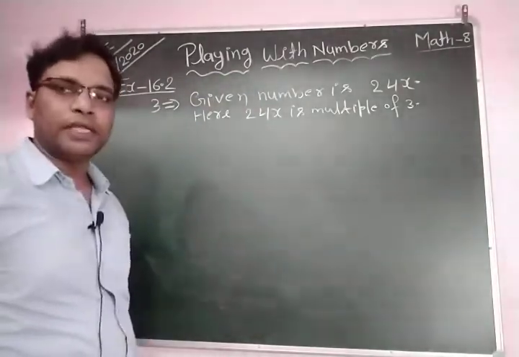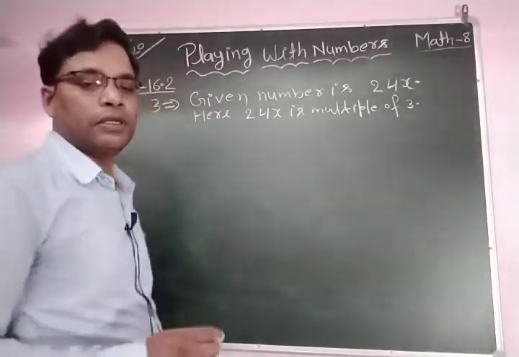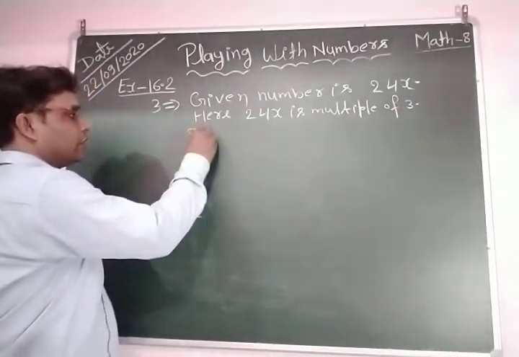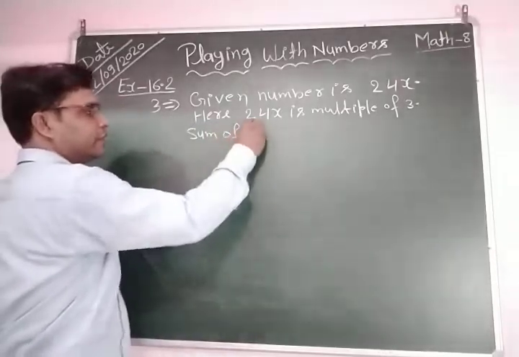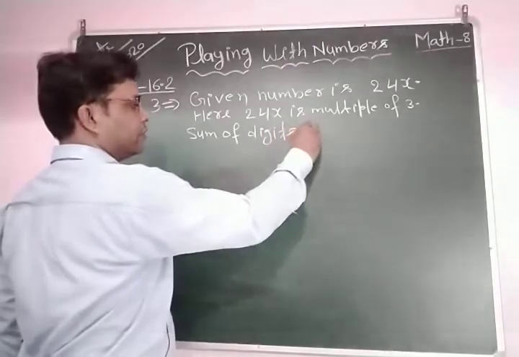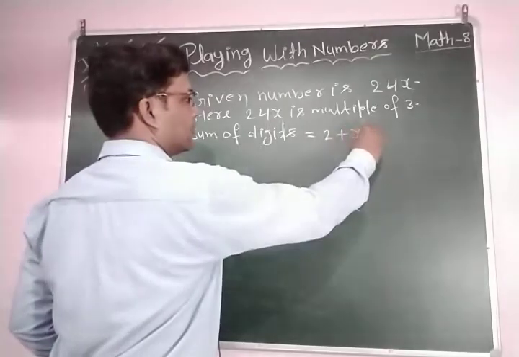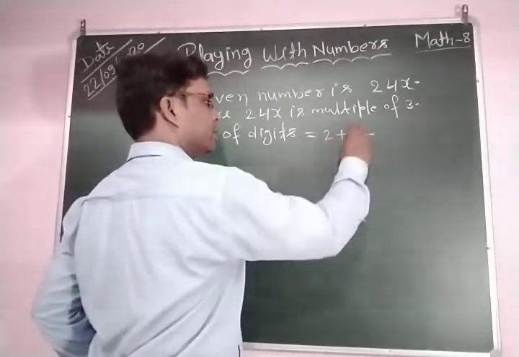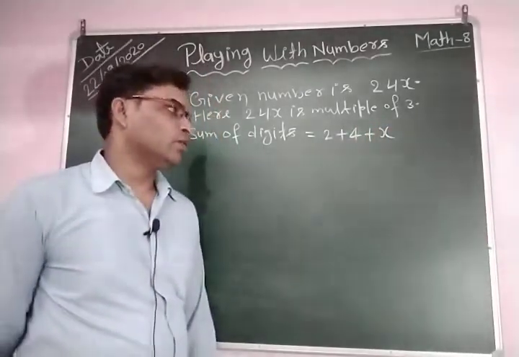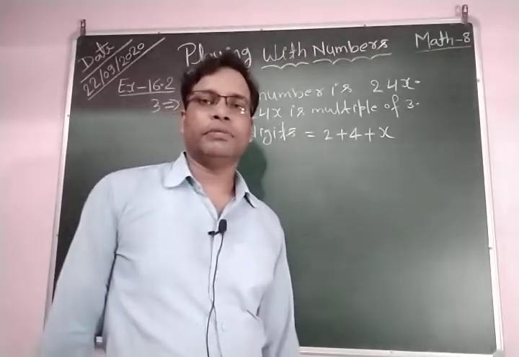So first we find the sum of the digits of the number. Write here: sum of digits of the number is equal to 2 plus 4 plus x.